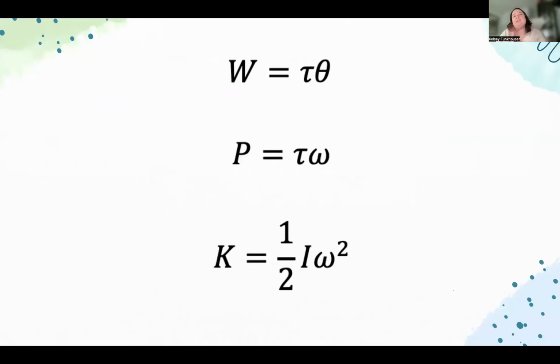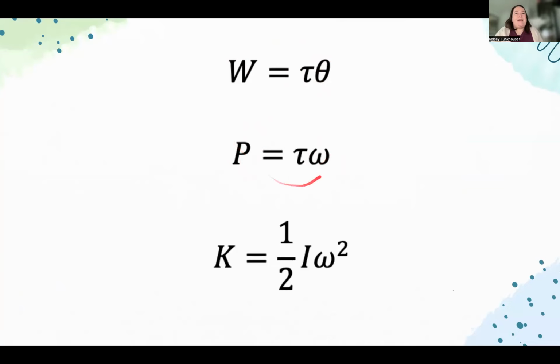I'm not going to derive these for you, but work, power, and kinetic energy in rotational motion. Work is the torque times the angular displacement. Power is the torque times the angular velocity.